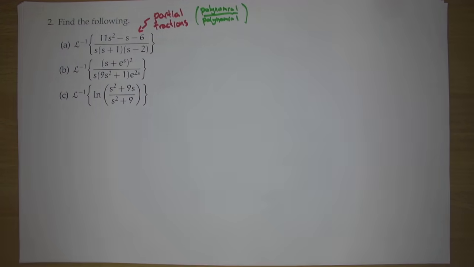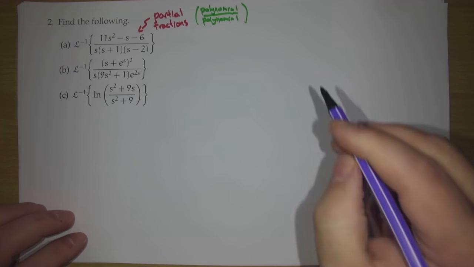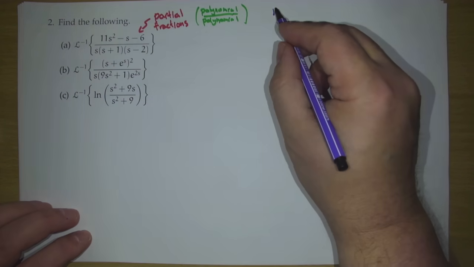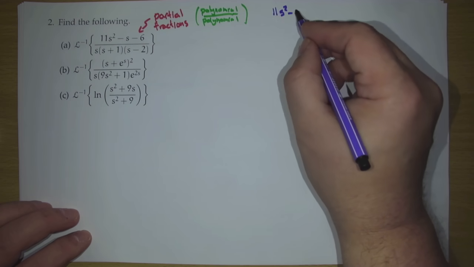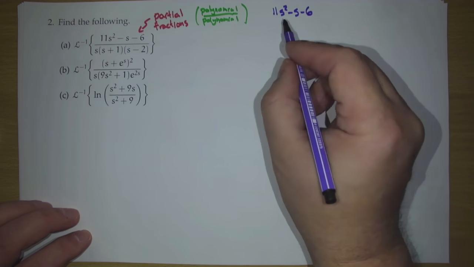Well, we do have polynomial over polynomial. So most of the work for this problem is not going to be the inverse Laplace. It's going to be getting it ready for inverse Laplace. In other words, rewriting it, preparing it. So, all right, let's get to work. So we have 11s squared minus s minus 6.